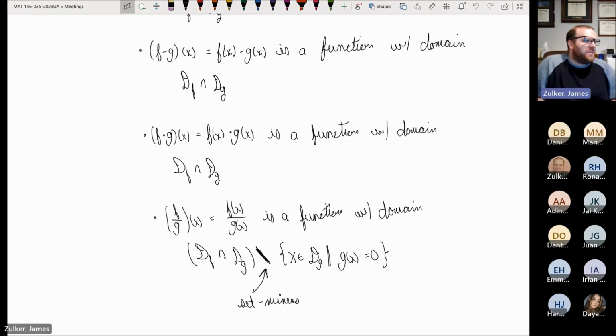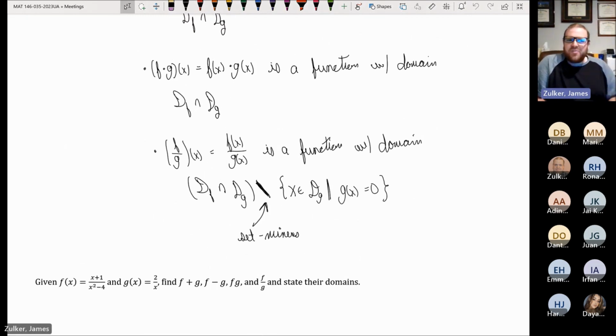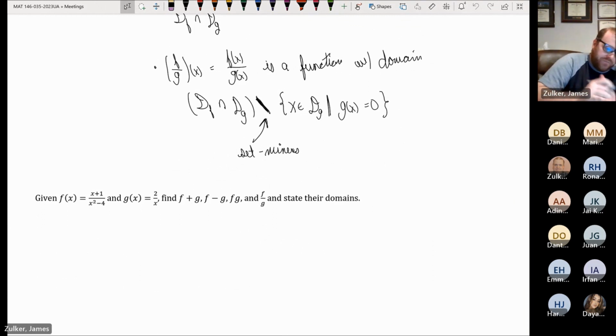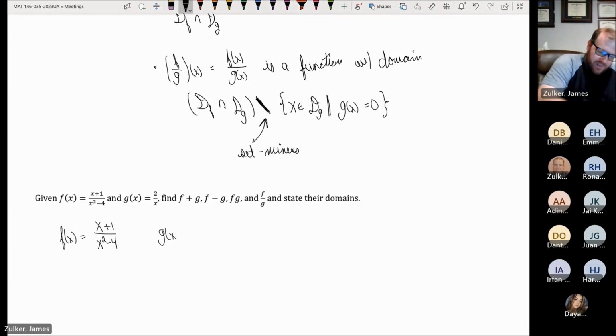And just so we don't have to keep scrolling back and forth, I repasted the problem. f of x is (x plus 1) over (x squared minus 4). g of x is 2 over x.